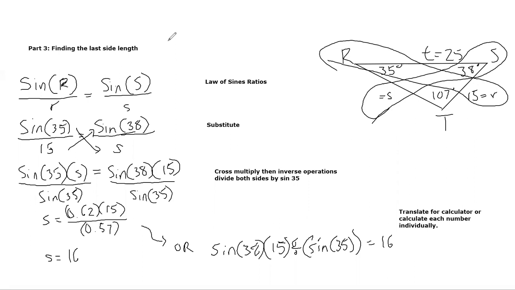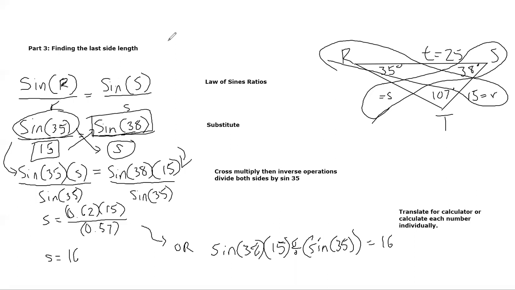Okay. So sine of 35, right, is going to multiply. Remember this? Cross multiplies by the s, which is why this is my number right there. Then 15 is going to multiply by the other fraction's numerator, sin 38, which is where this comes from.